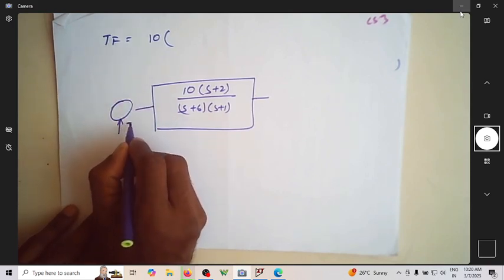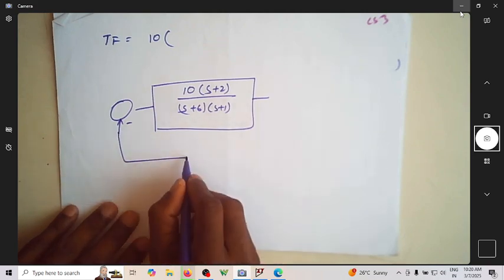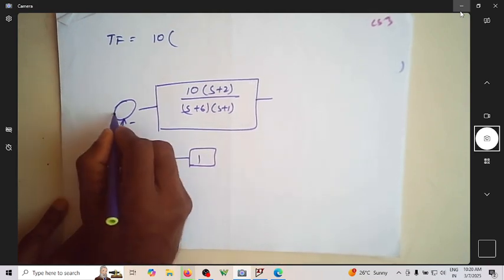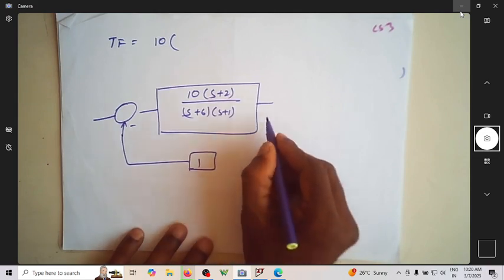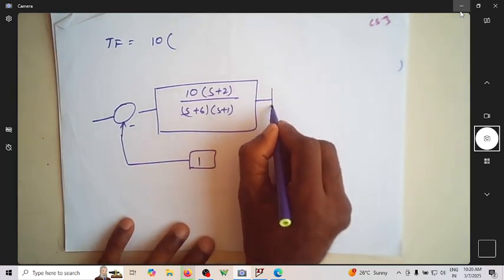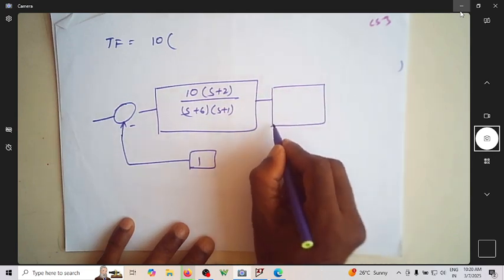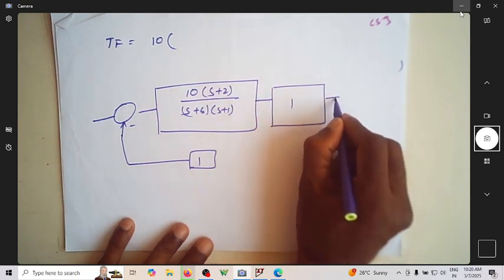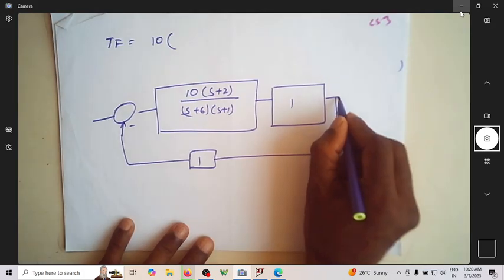Let me take a negative feedback with H(s) as 1. To this, let me put a dummy block for the time being. Let me take it as 1.